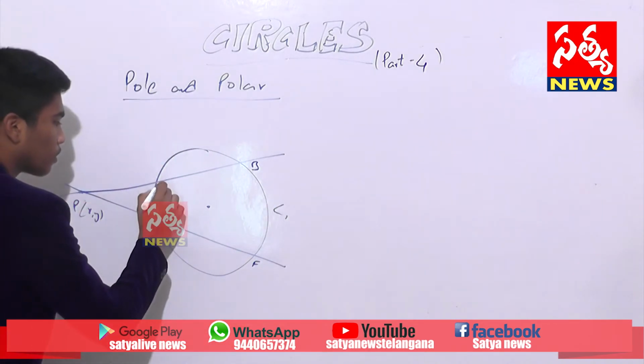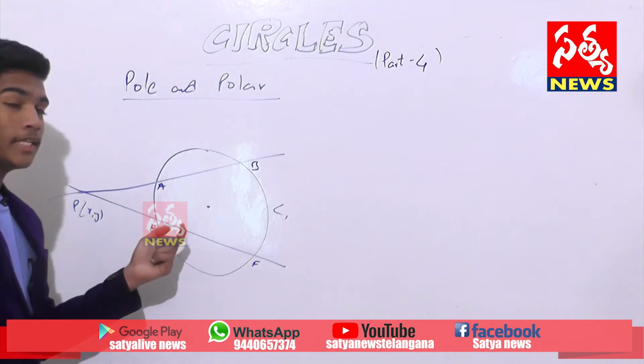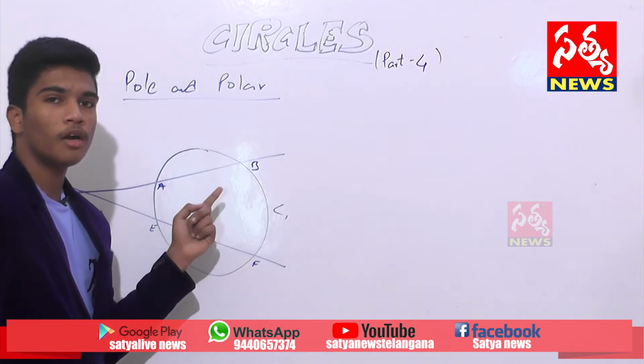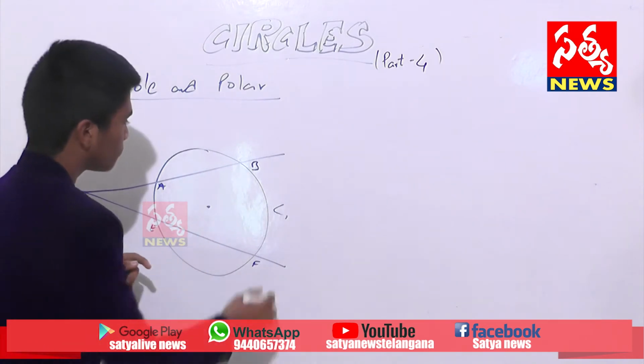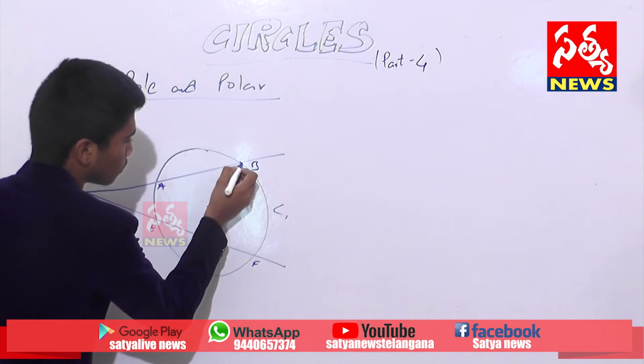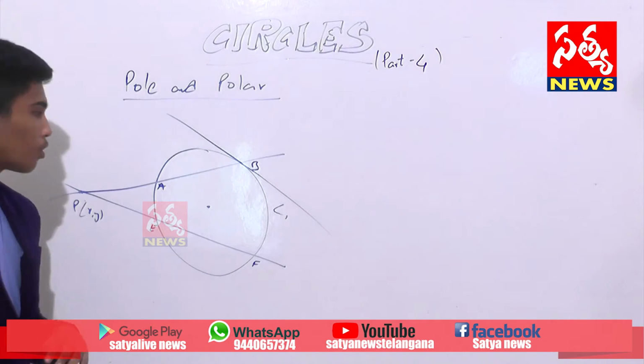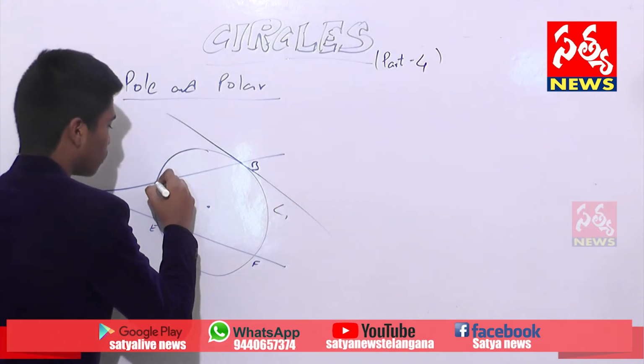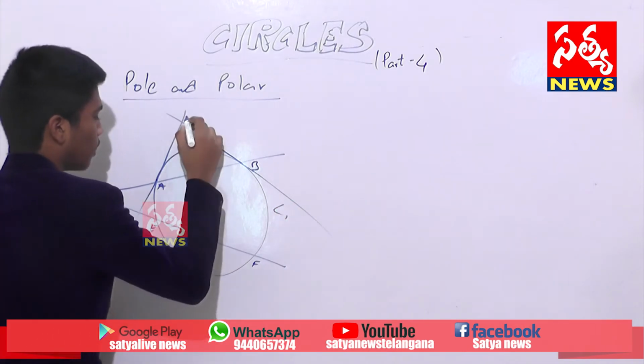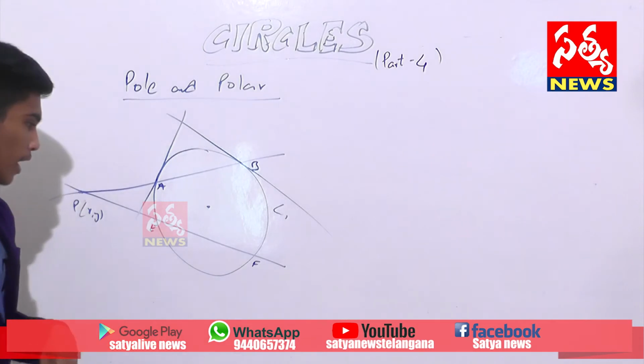Now, draw the tangent at the point where the chord and the circle meet, so that we get 4 tangents, right? As there are 4 points, we get 4 tangents.